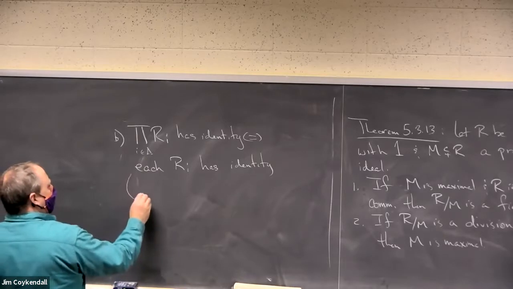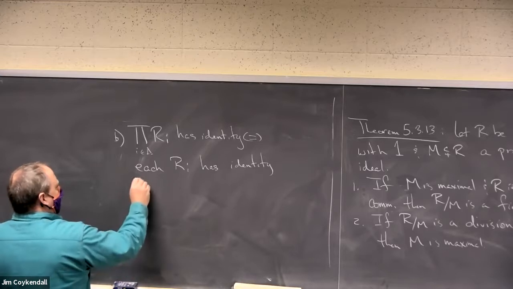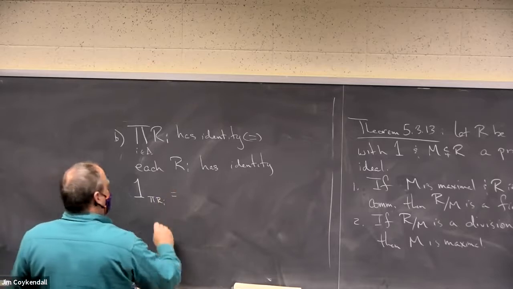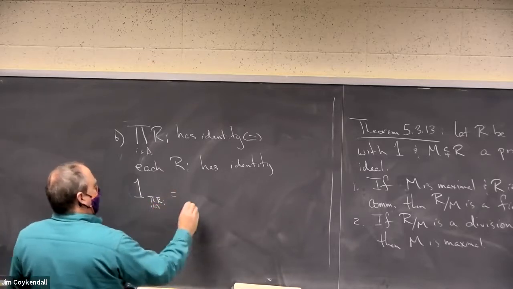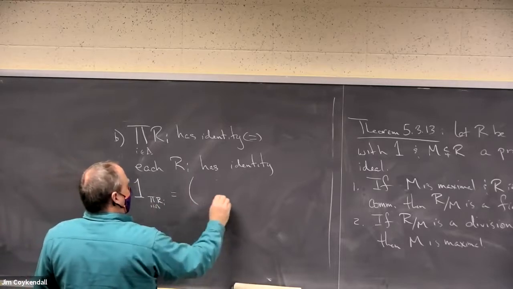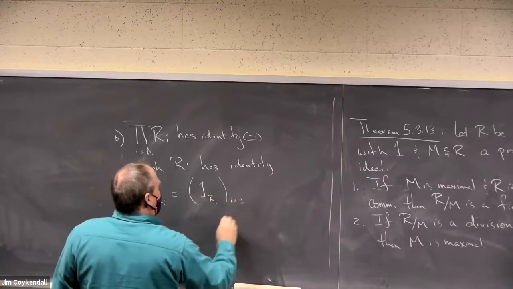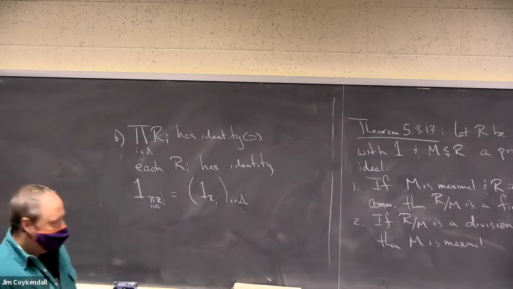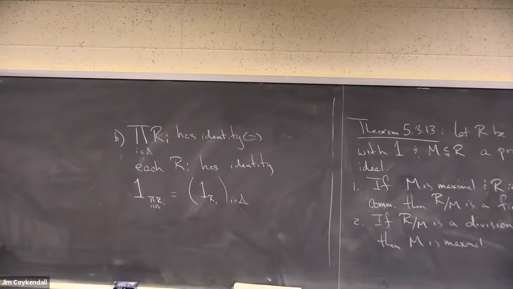Let me point out that the identity of the direct product of R_i is the net of the identities 1_i. That is to say, to make the multiplicative identity, I just put the one in every coordinate, if you will.